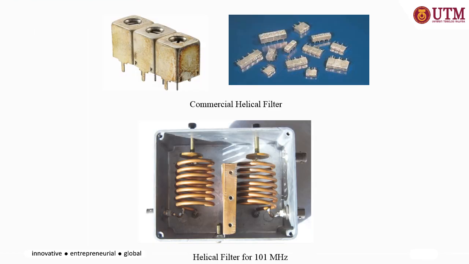The same goes for this one. Different types of filter or different specifications may result in a different configuration. So you may use a different shape, structure, component and element depending on the specification you have, on what type of application and what type of signal you are about to achieve.